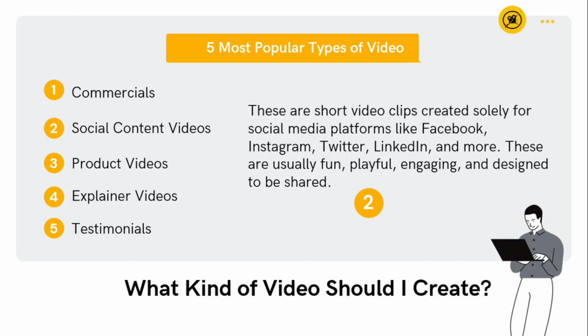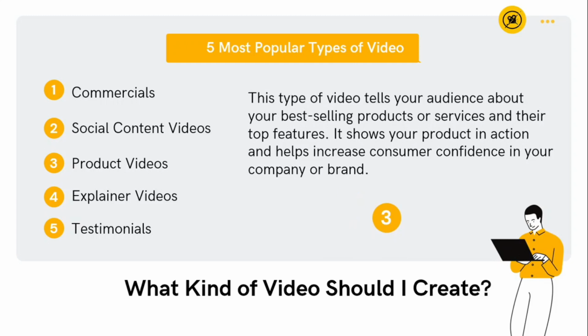So next we look at product videos. This type of video tells your audience about your best selling product or services and their top features. It shows your product in action and helps increase consumer confidence in your company or brand.